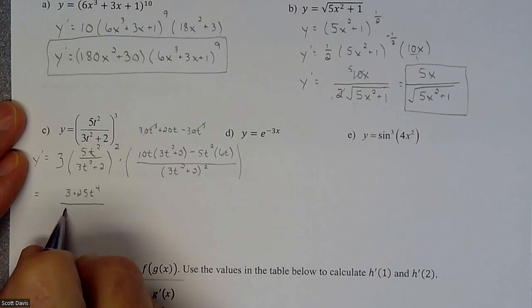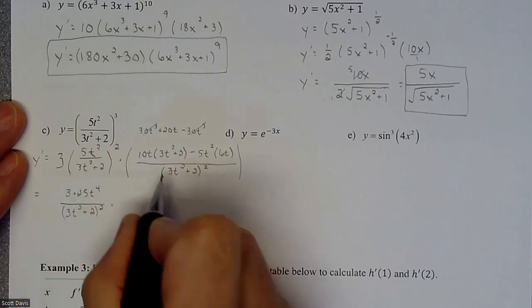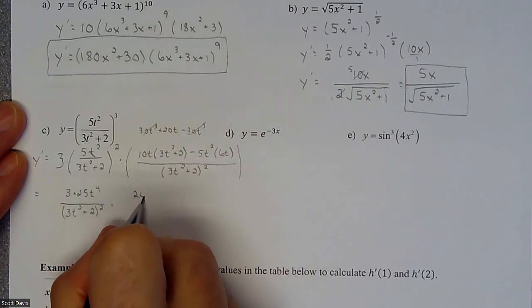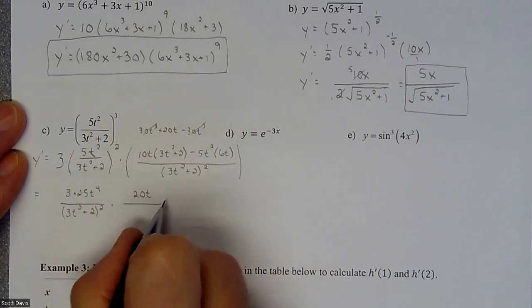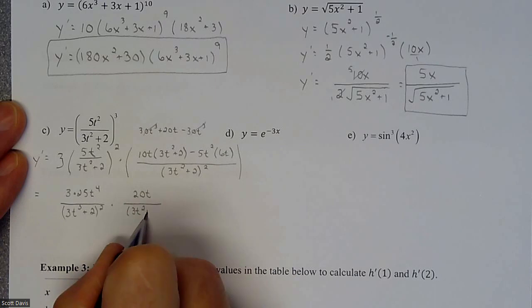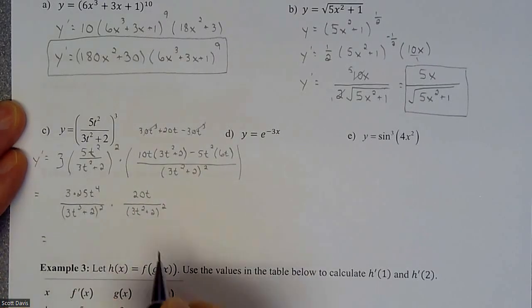And then this piece, 3t squared plus 2, also gets squared, times, if I put all that together, 20t over this same piece squared. All right, so it's coming together.